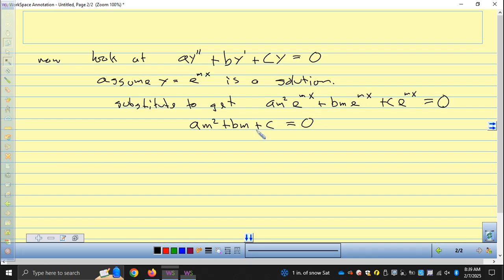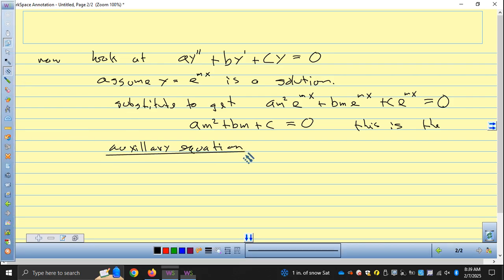We call this the auxiliary equation for the differential equation. So we start with a second order linear homogeneous differential equation with constant coefficients, and we get this auxiliary equation.